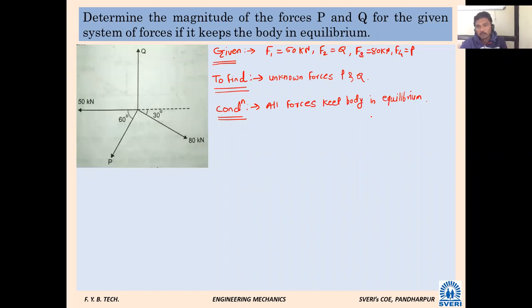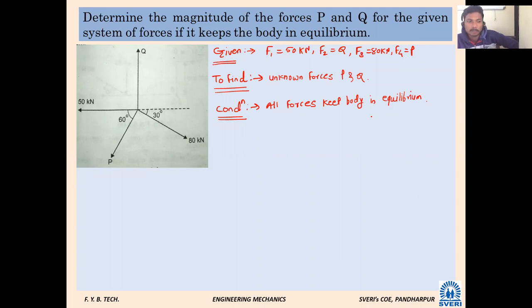If body is in equilibrium, what should come in your mind immediately? Okay, resultant is 0. जर resultant 0 असेल तर further what should come in your mind? Summation of x and summation of y equal to 0.